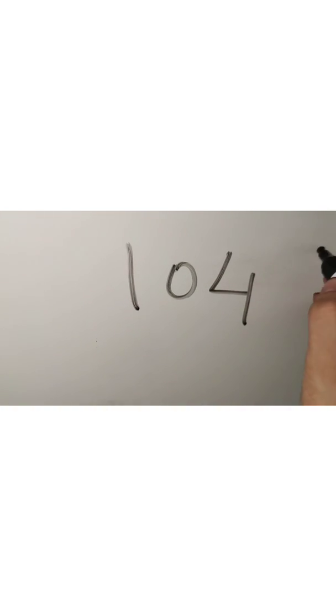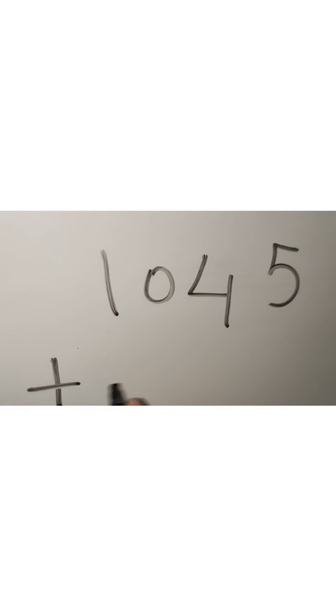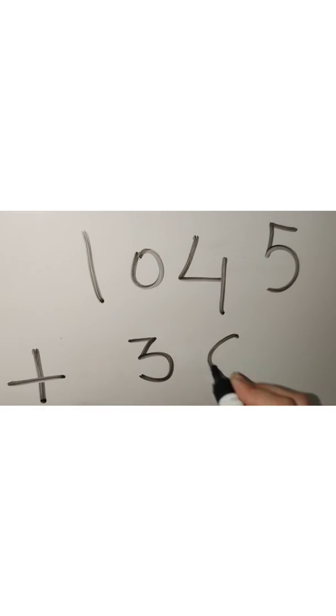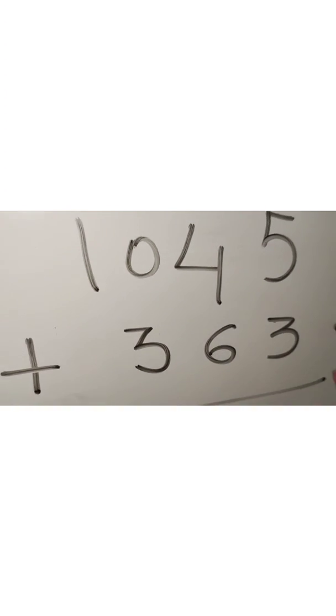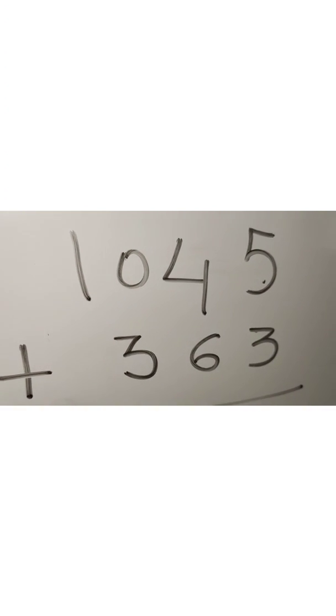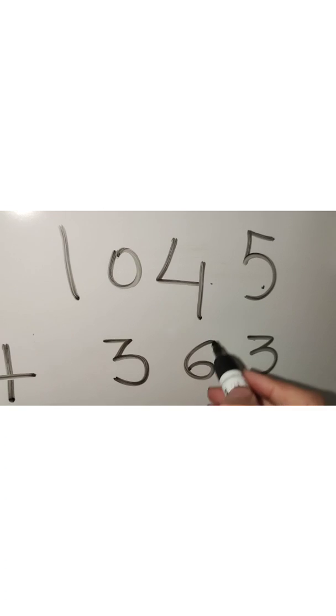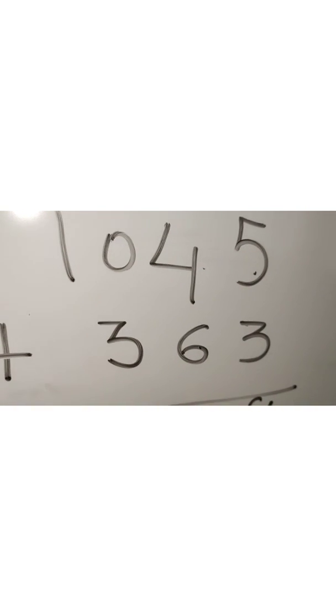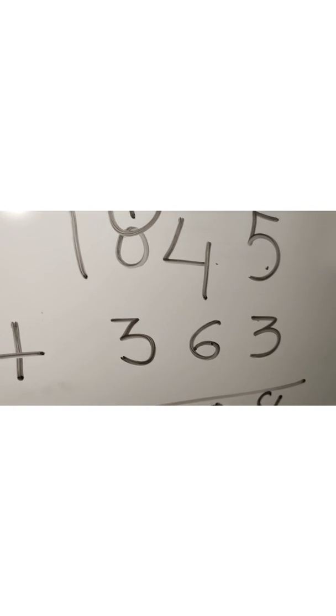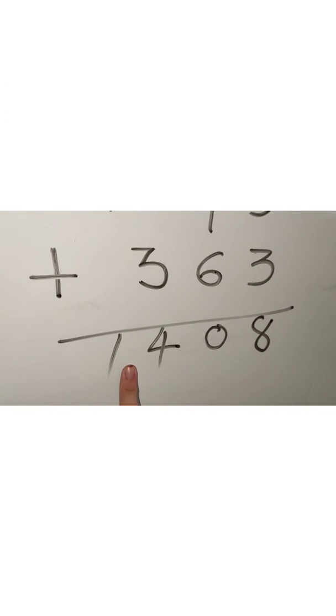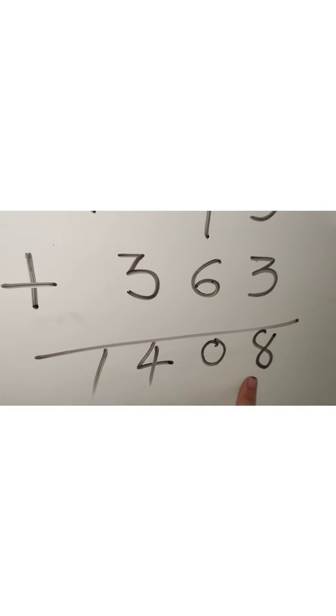Now to get final answer, we are going to add these two numbers. So 1045 plus 363. Digits must be below each other. So 5 plus 3, 8, 4 plus 6 or 6 plus 4, 10, 1 up, 3 plus 1, 4 and 1. So what is our answer? 1408.